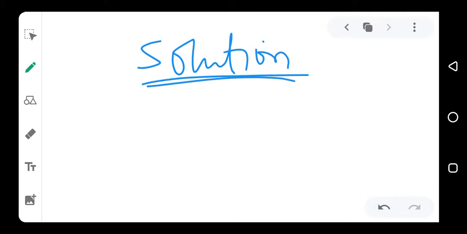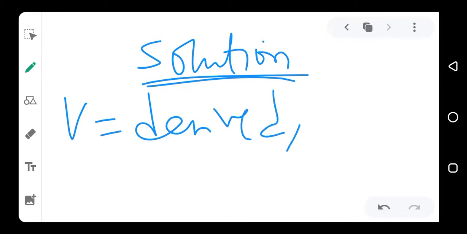We list out the fundamental and derived quantities in the equation. V is velocity, which is a derived quantity. U is velocity again, which is a derived quantity.